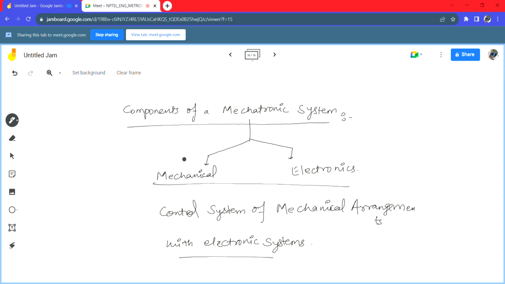And this is one big aspect wherein our transducers are being extensively used in almost all scenarios.